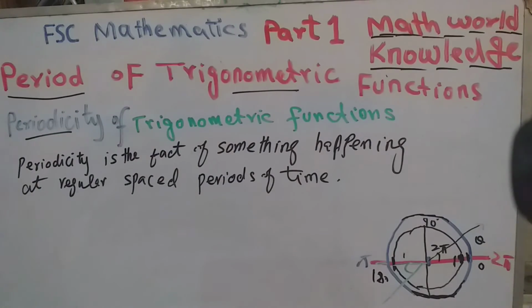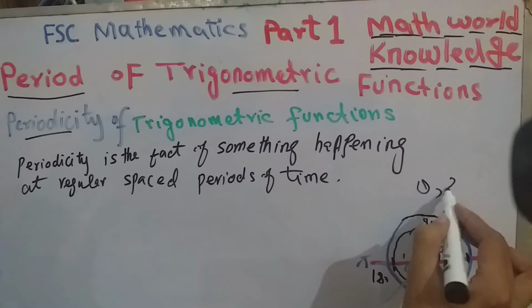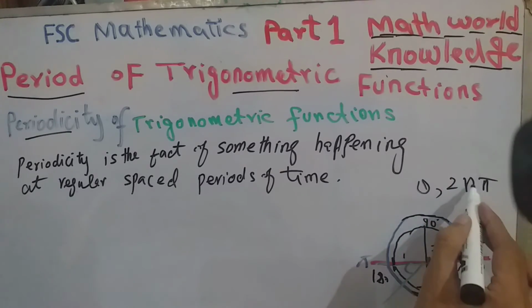This is the definition of periodicity, because this is the fact theta or 2n pi.